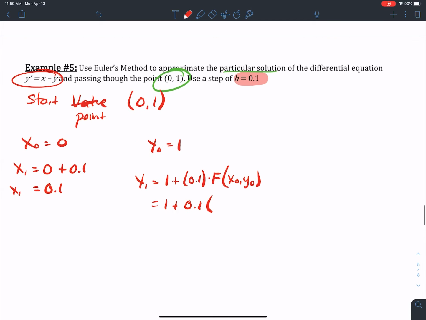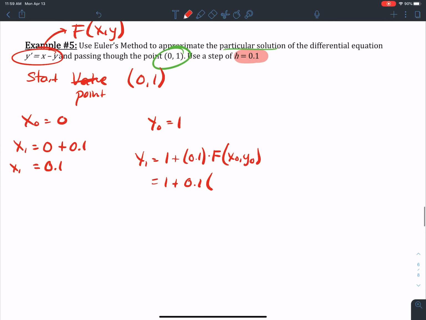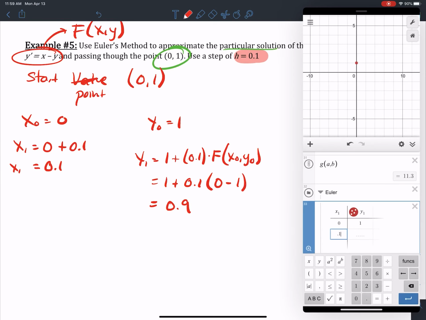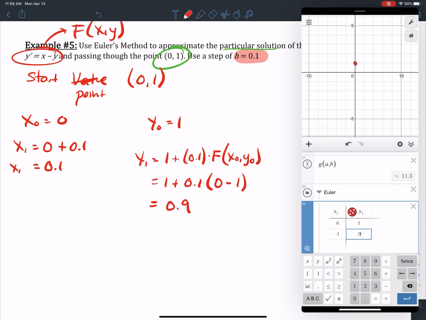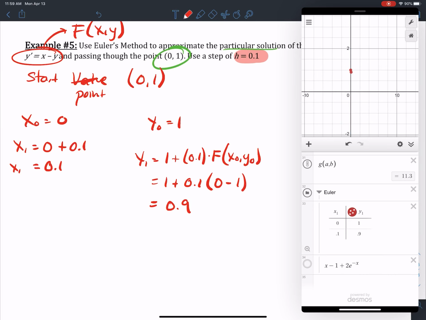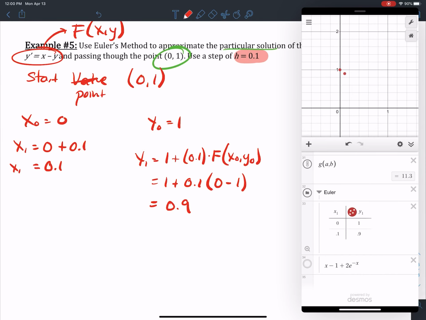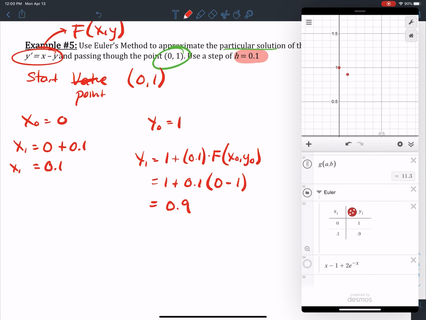This is f right here. So I'll use the actual coordinates here. x naught was 0, y naught was 1. So we go ahead and simplify that. Our new y value is going to be 0.9. So we have the next point, not our slope field, but the next point on our particular solution.